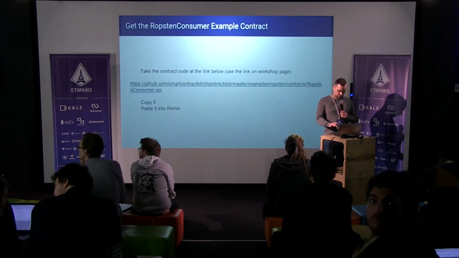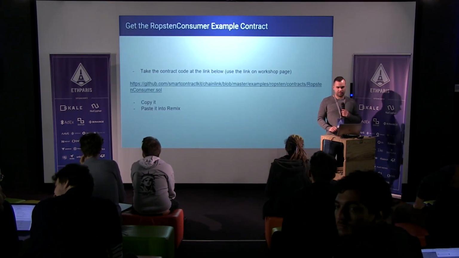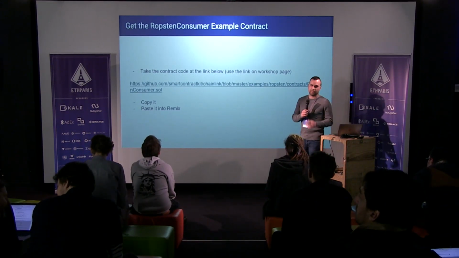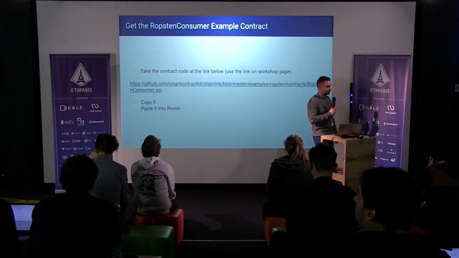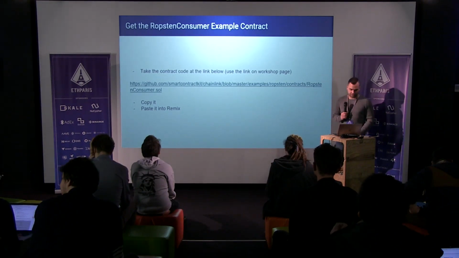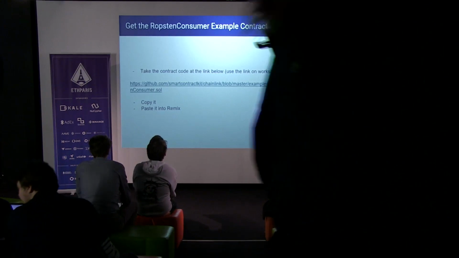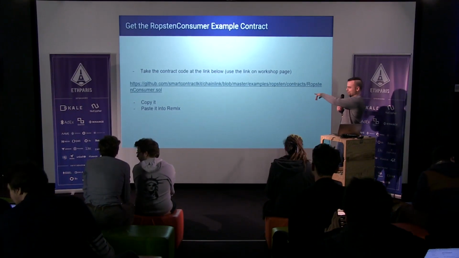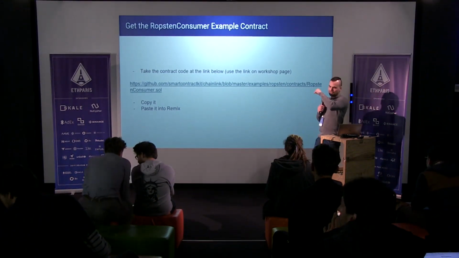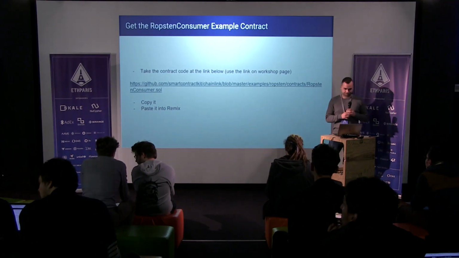At the bottom of the workshop page, there should be a link to a Solidity file. You should see a contract link at the bottom. If not, it's a lot to type out if you're just doing this from the slide, but it's on the bottom of that workshop page.